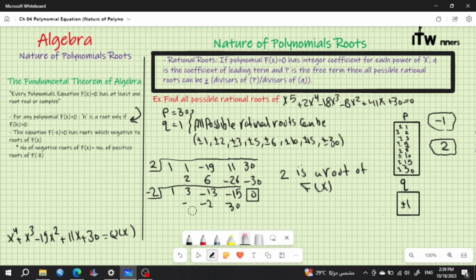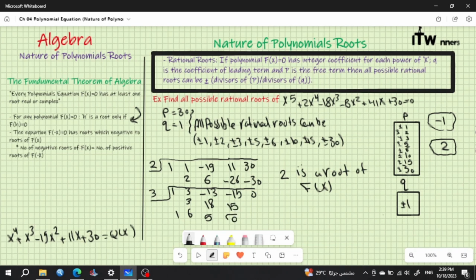So just clear and move to another root. Here we have 3. So 1, 1, 2, and 2 times 3 equal to 3. So we have here 6. 6 times 3 equal to 18. 18 minus 13 equal to 5. 5 times 3 equal to 15.